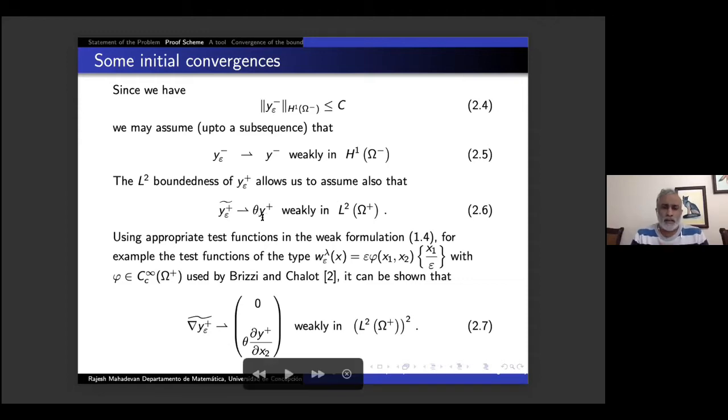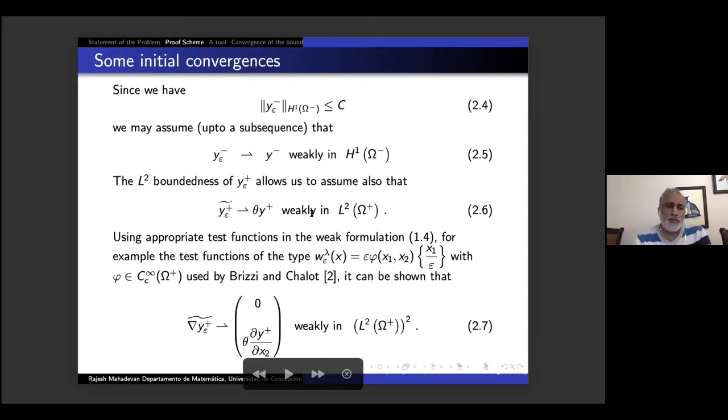And this you can do exactly like in the lectures of François Murat, which are available in this lecture series. The diapositives of these lectures are also available, so one can consult his lectures for some of these details.